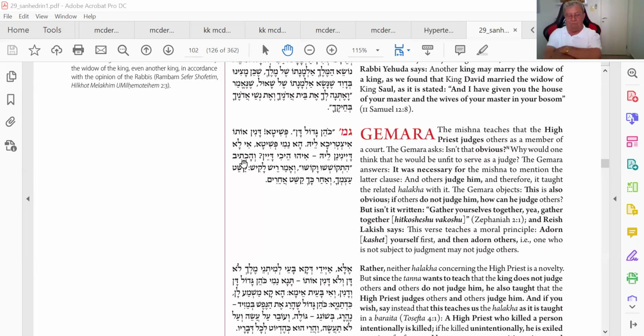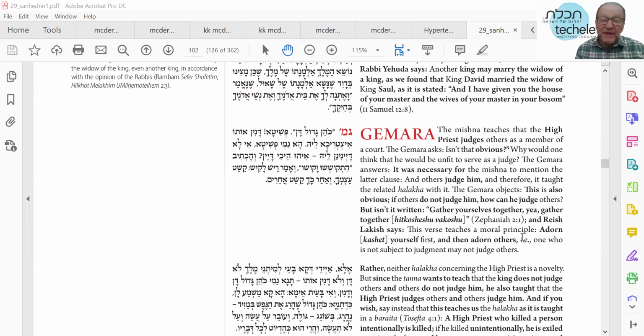Right, okay. So we're over here. V'hachativ, and it's written, hitkoshishu v'koshu, quoting Zephania. And Reish Lakish says that he translates this as kashet atzmacha v'achar kach kashet acherim.